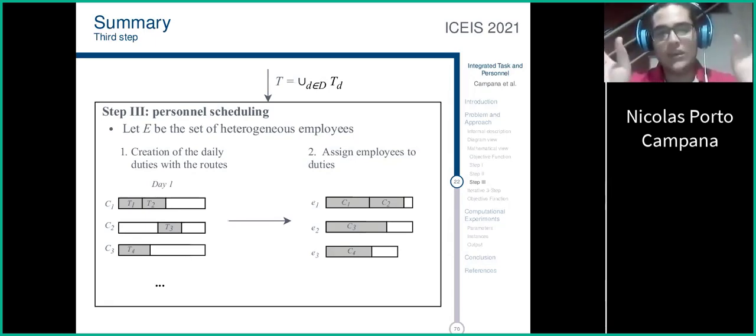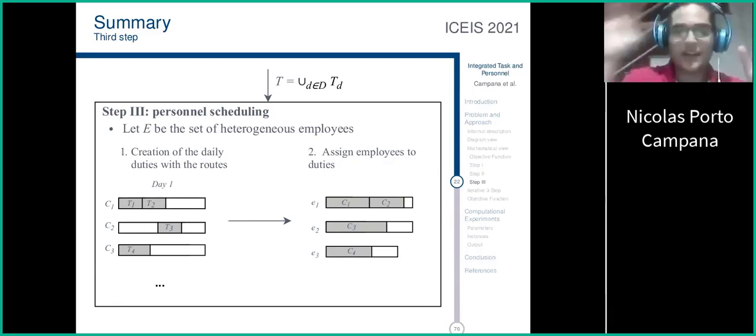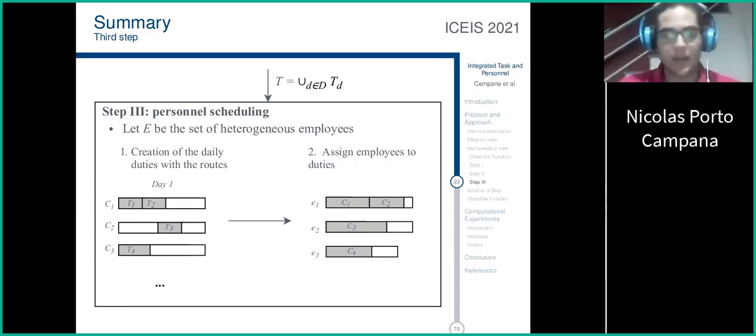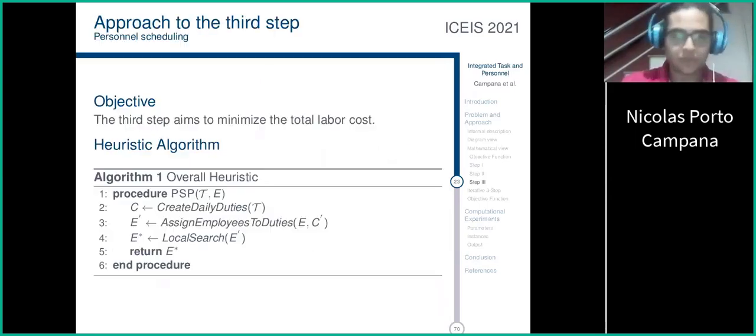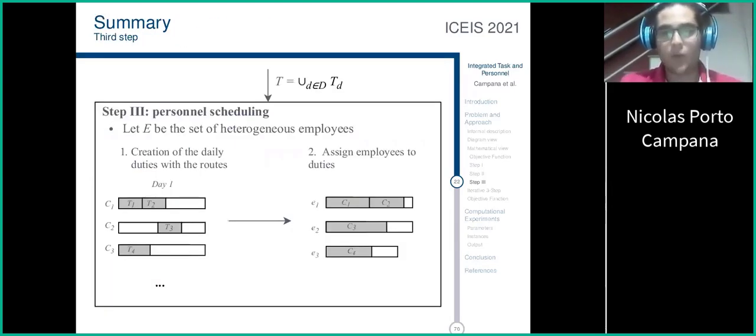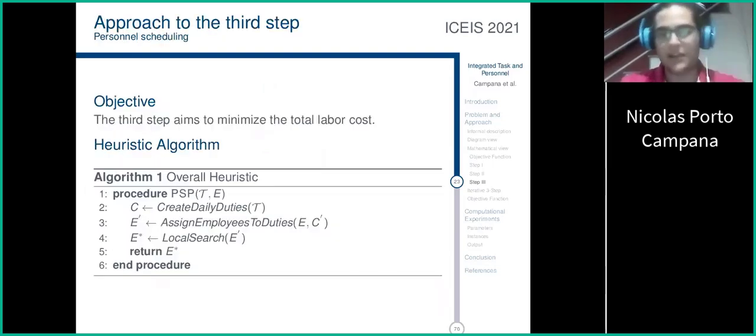So we pack one or more cleaning routes into one day, and try to assign the employees to these daily duties. Okay, so this is the idea for the third step, always minimizing, surely, the labor cost.